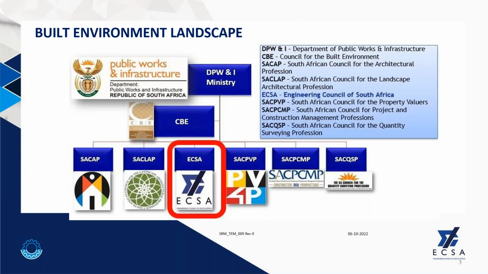the profession. Over here, I'm just going to take you through the built environment landscape. What you're looking at here is ECSA, in bold for obvious reasons. ECSA reports to the Department of Public Works and Infrastructure, as well as the CBE on the engineering profession.